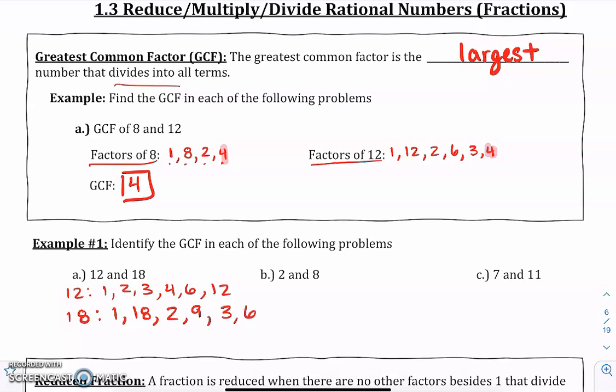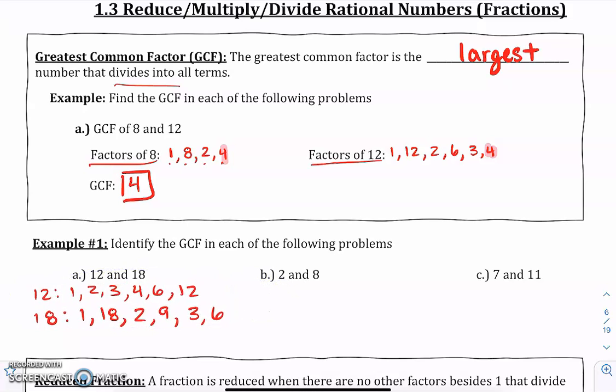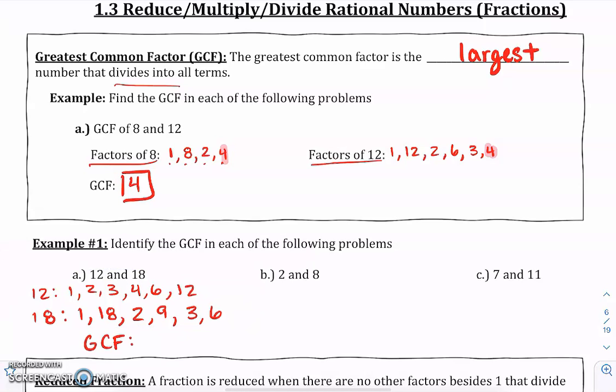Not divisible by 7, 8, 10, 12. So those are your only factors of 18. So looking at your options, the largest one they have in common is 6. So the greatest common factor, if you were trying to reduce both of these values, would be 6.